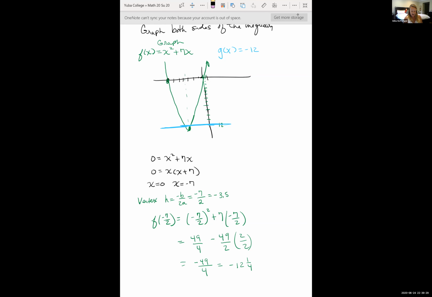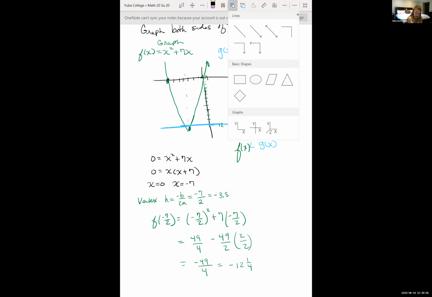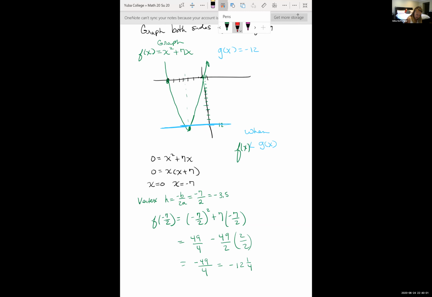So we're trying to find out when is g of x bigger than our f of x. Well, that's when that blue line is falling above the green graph. So that's going to be everything right in here. So whatever these values are.